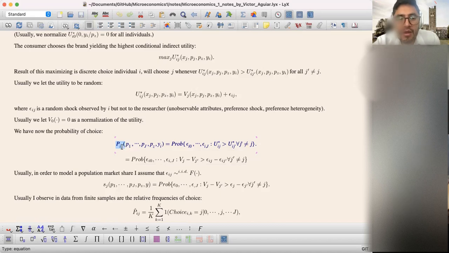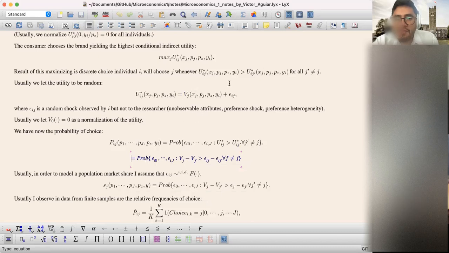This would be given by the probability that the epsilons from individual i, from alternative 0 to alternative capital J, are such that the random utility of individual i for alternative j is greater than the random utility of individual i for alternative j prime, for all j prime different from j.